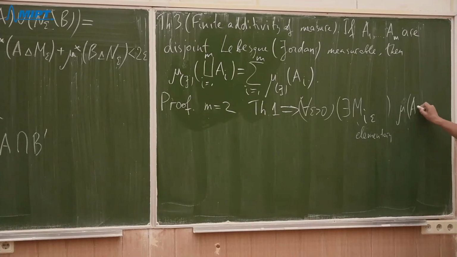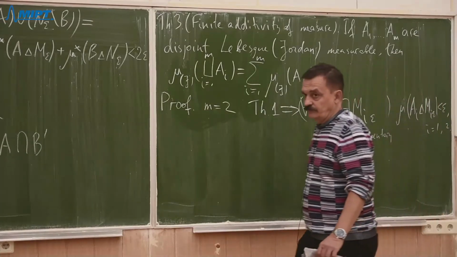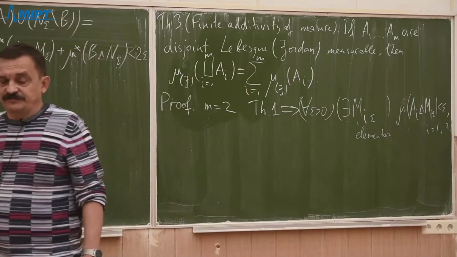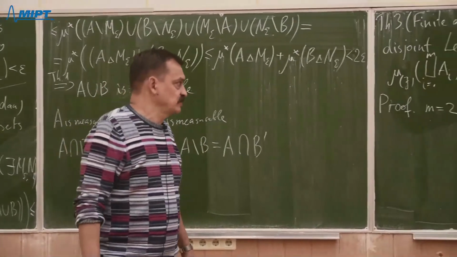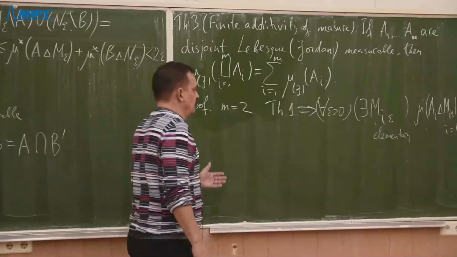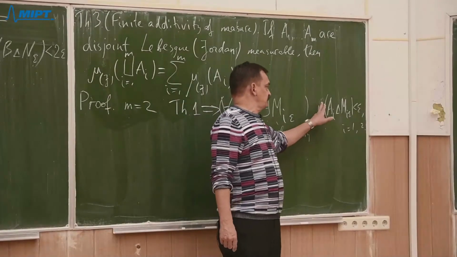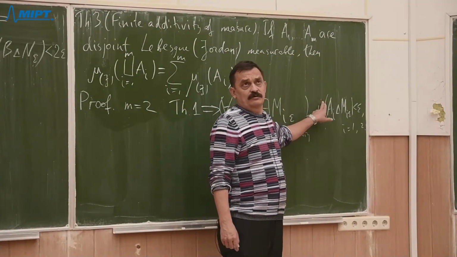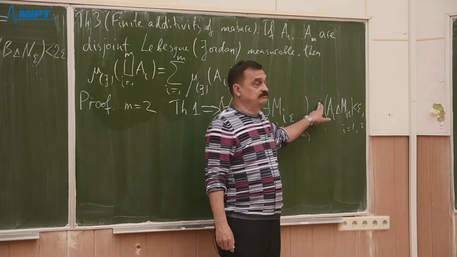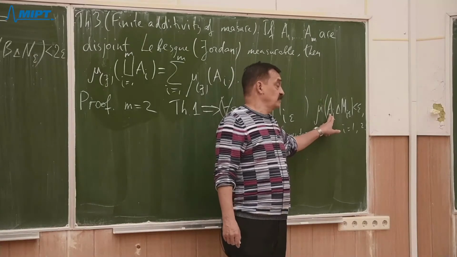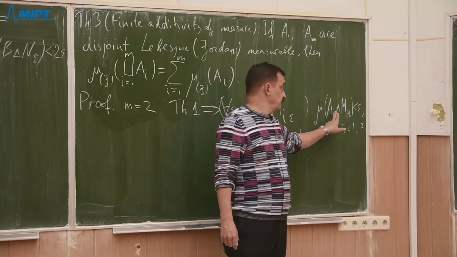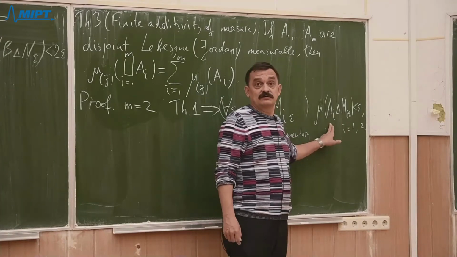So A_i symmetric difference with M_i,ε is less than epsilon. So we have two measurable sets, and we can find elementary sets. Here I can forget about outer measure, since we know that if it is measurable, then the symmetric difference is measurable.